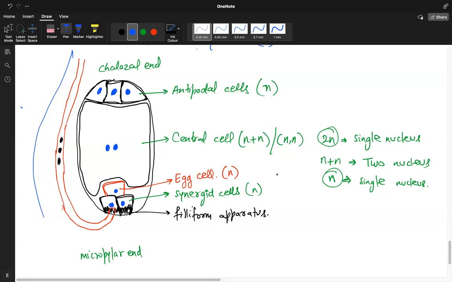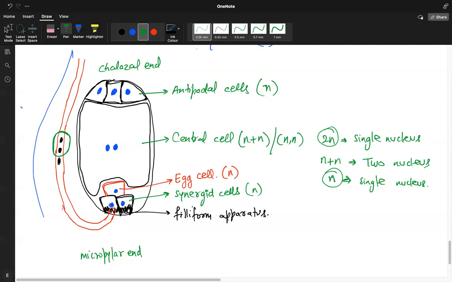Anyways, if you don't remember, please brush it up. But do you see anything here which is more than n? No, right? But there is one cell, the central cell, which is n plus n, two haploid nuclei. Let me tell you, only the two male nuclei have the ability to fuse because they are male gametes. The vegetative nucleus cannot fuse. It's only there to lead and then it degenerates.